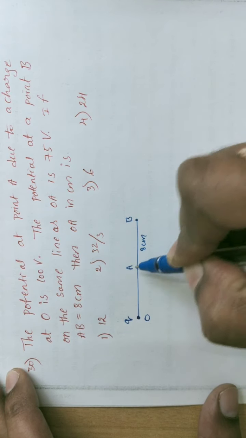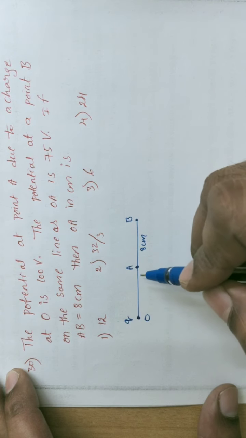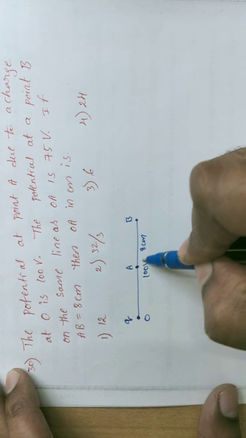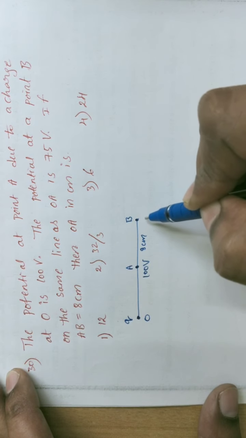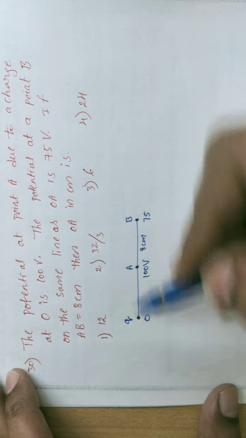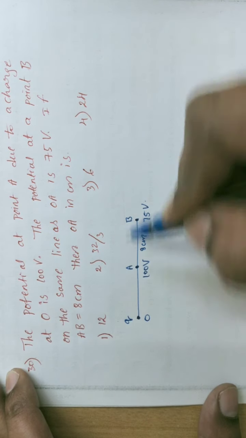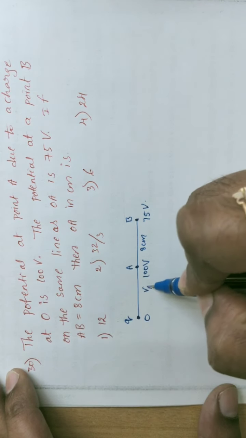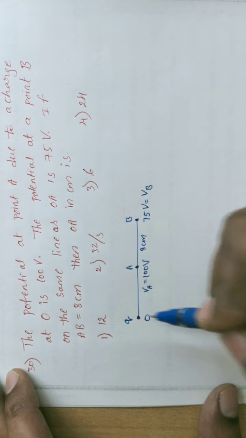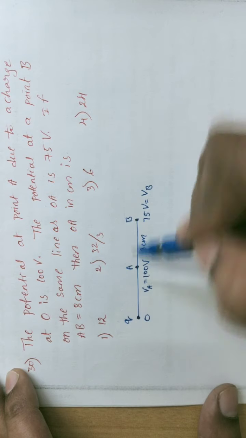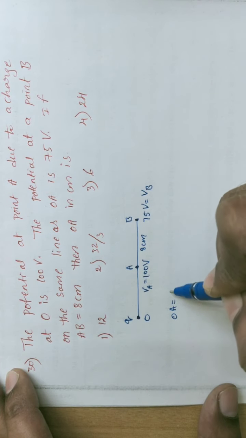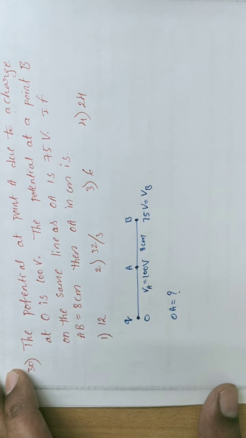At point A the potential is 100 volts, and at B it is 75 volts. I take these as VA and VB. Now the question expects OA to be found.